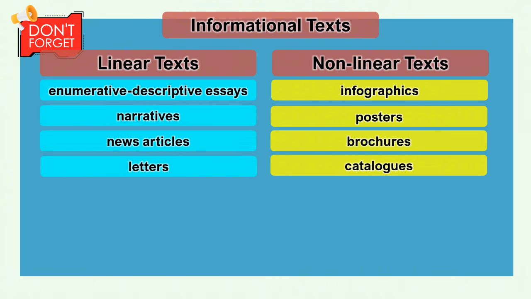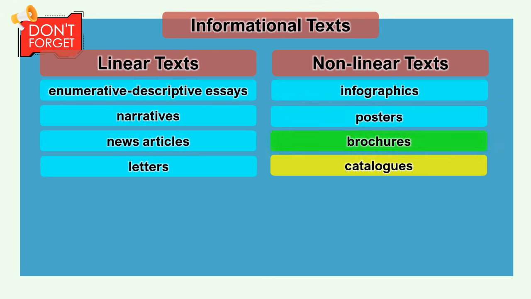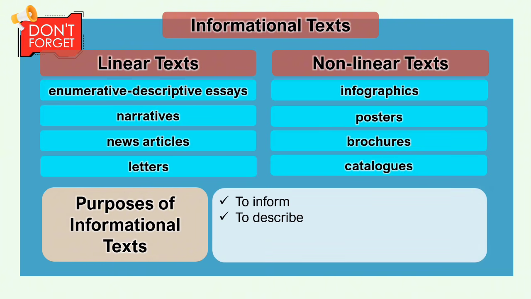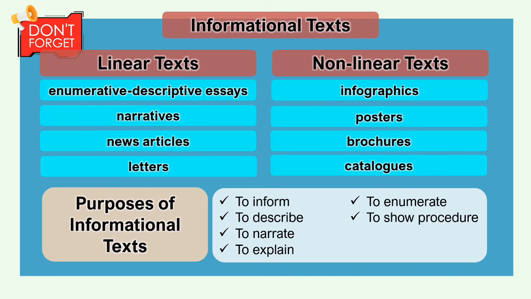And then for the nonlinear texts, we have infographics, posters, brochures, and catalogs. Now, for the purpose of informational text, we have as many as this: to inform, to describe, to narrate, to explain, to enumerate, to show procedure, to persuade, and of course, to argue.